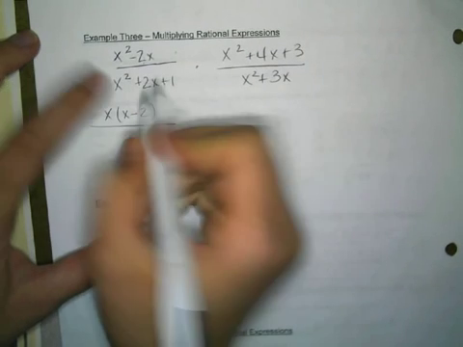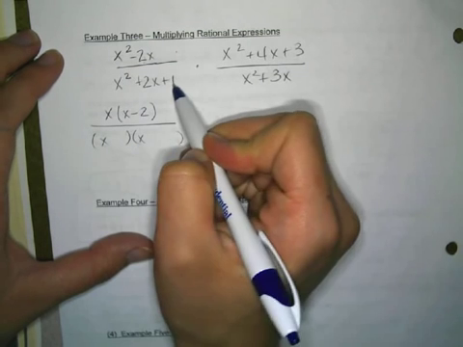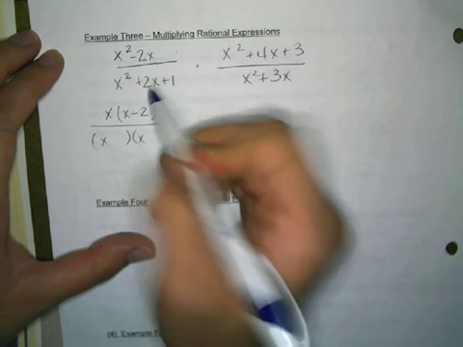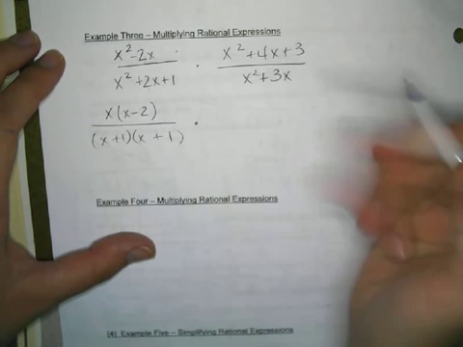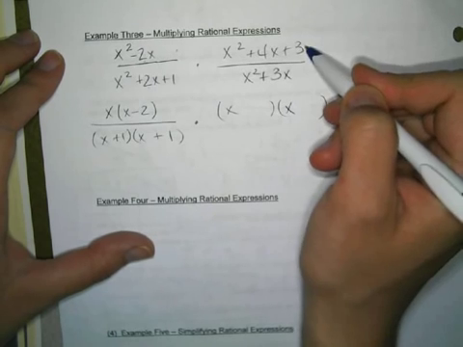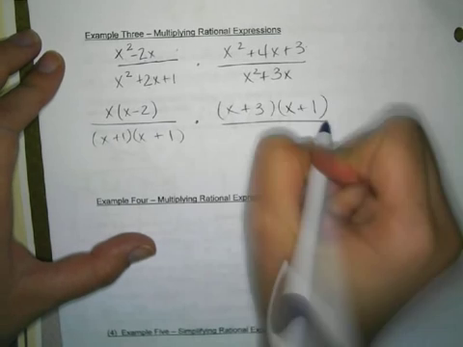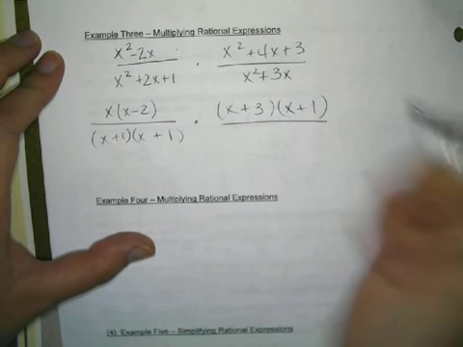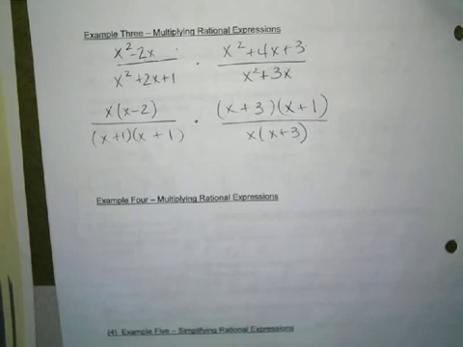And then on the bottom, the 2 numbers that multiply to get 1 and add to get 2 are 1 and 1. Over here, the 2 numbers that multiply to get 3 and add to get 4 are 3 and 1. And then on the bottom here, I can pull out the greatest common factor of 1x.